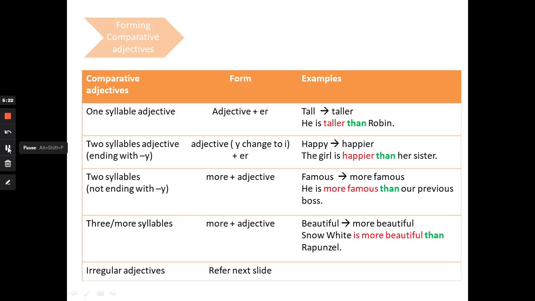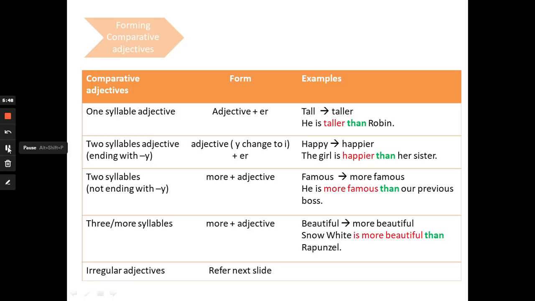So you have he is taller than Robin, right? If you have a two syllable adjective which ends with y, you need to change the y to i plus er. So for example, happy becomes happier. So the sentence is the girl is happier than her sister.